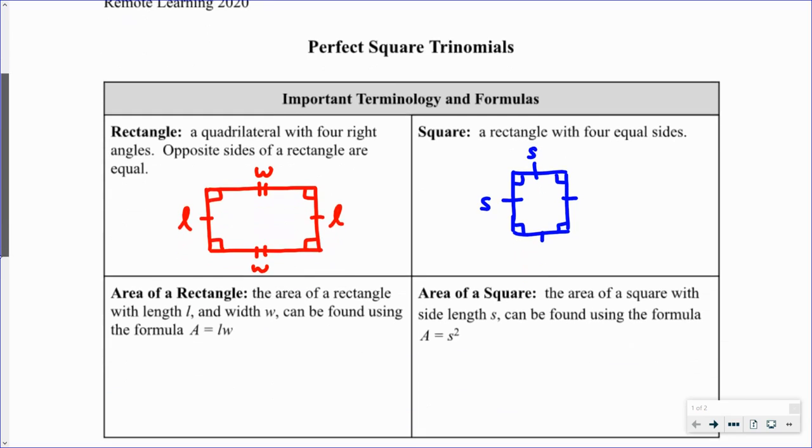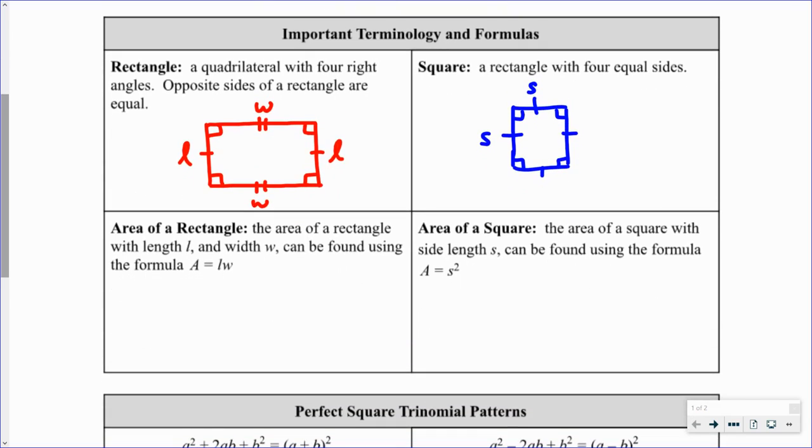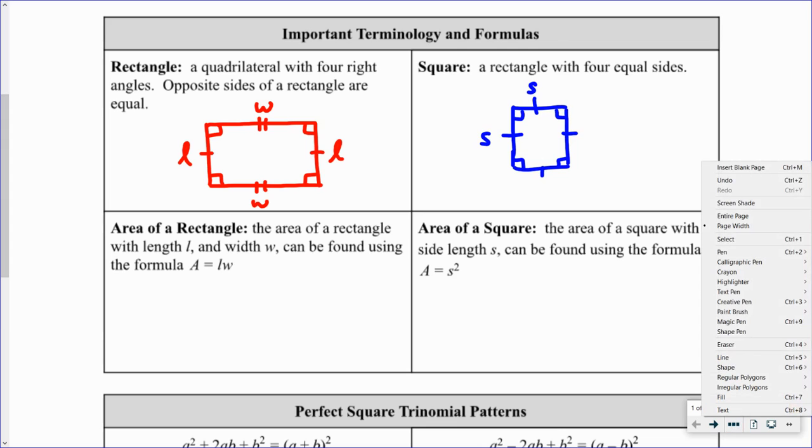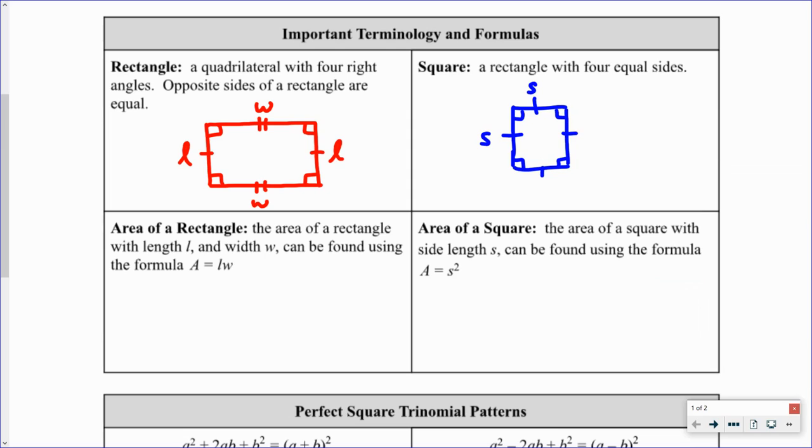Now, what we've been doing is using areas of rectangles to help us model either multiplying two polynomials together or factoring polynomials, using the X box and the area model method. A lot of the area models that we look at, even though we typically draw them as squares, are really rectangles, because the length and the width are different.